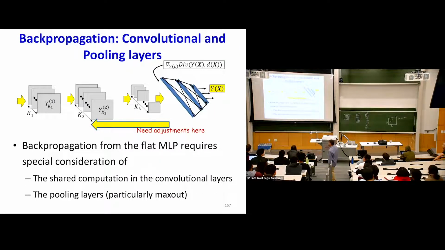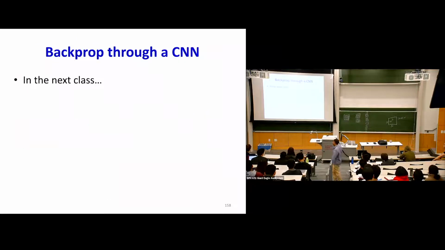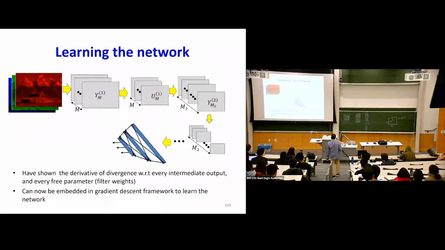But the derivatives over here are for a flattened layer, and that layer was obtained by flattening these maps. So you can fold the derivatives back into the shape of the inputs that were flattened to create that vector. Which means that you now have the derivatives with respect to the outputs over here. All we have to figure out is how to compute the derivatives going backwards from there, and that's going to be the topic for the next class. But once you do that, you can just embed it into gradient descent.